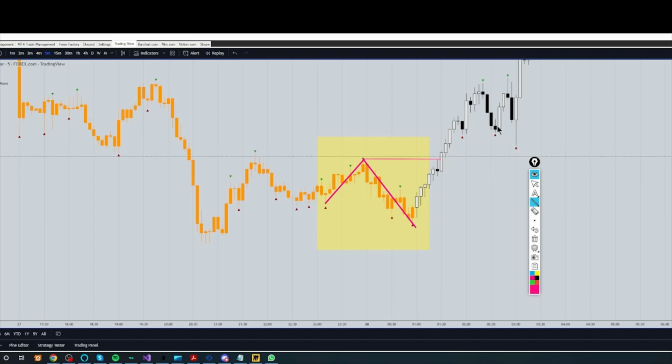This is the London open session in the morning, and this is the break of structure and the shift into bullishness. Again, we've got a sell model there. We also have a sell model here. They're everywhere.